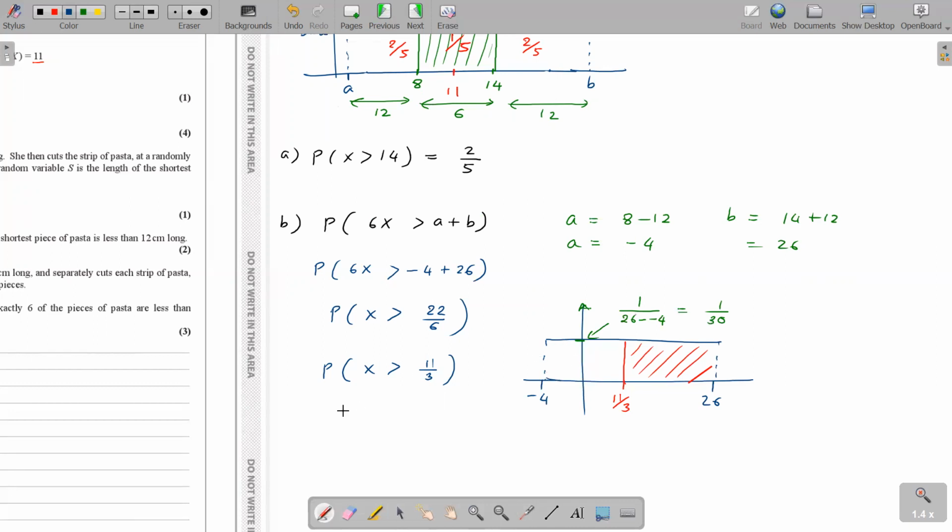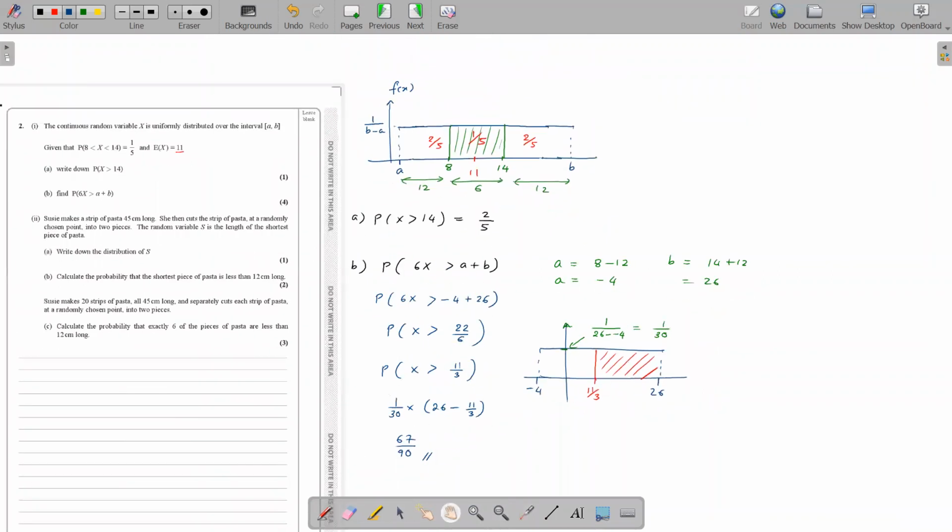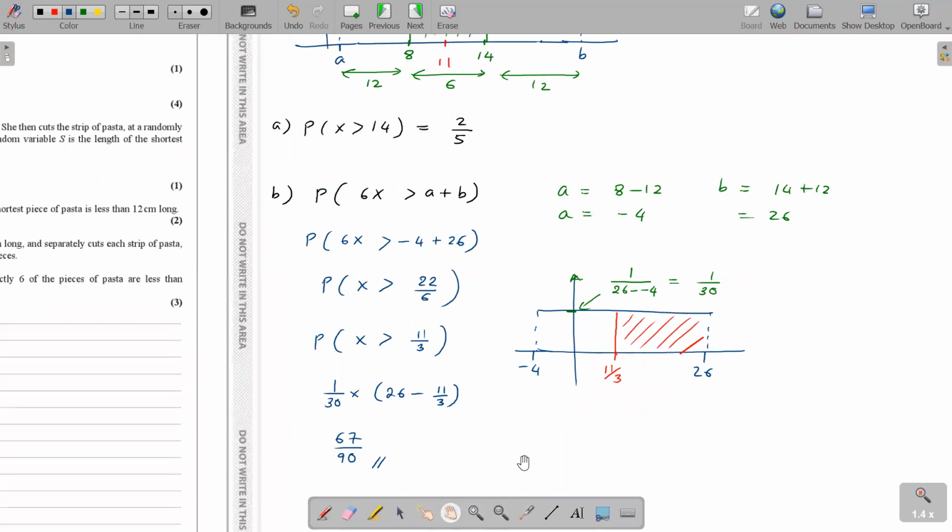I'm sorry, the width of the rectangle is 1 over 30, it's 1 over b minus a. The length of the rectangle is 26 minus 11 over 3. How much is it? 67 over 90. This is the answer for part B. 4 marks. Is this clear?